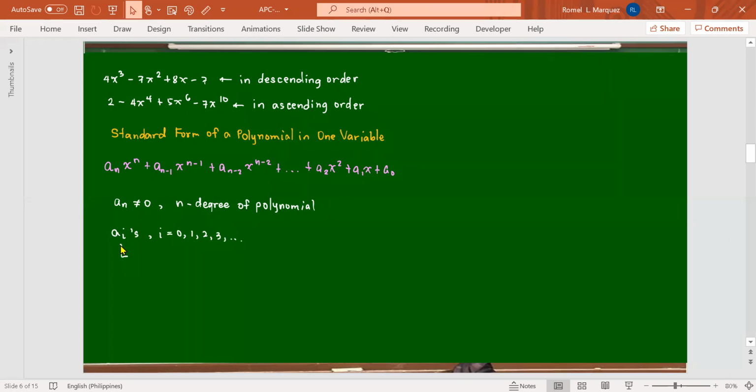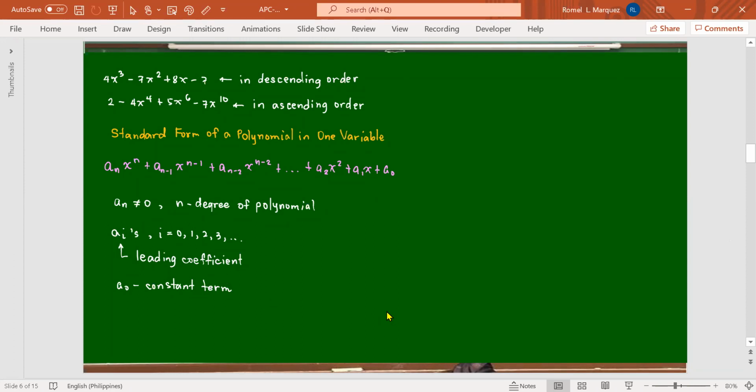So, this is the leading coefficient. We call that leading coefficient. A sub 0, constant term. Pag ang leading coefficient nag-equal sa constant term, isa lang yung term niya. Okay, guys?